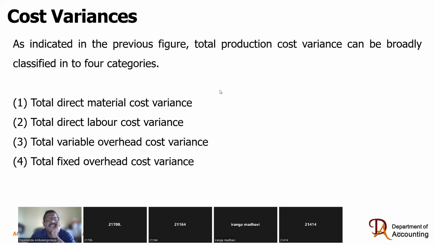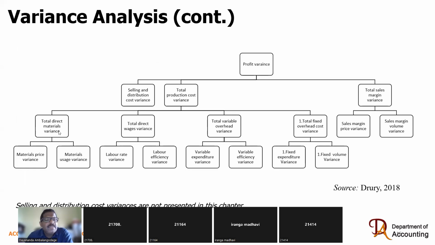Right, cost variance. First of all, we will talk about the cost variance. Total direct material cost variance, total direct labor cost variance, total variable overhead cost variance, and total fixed overhead cost variance. These are the four variances here, right?